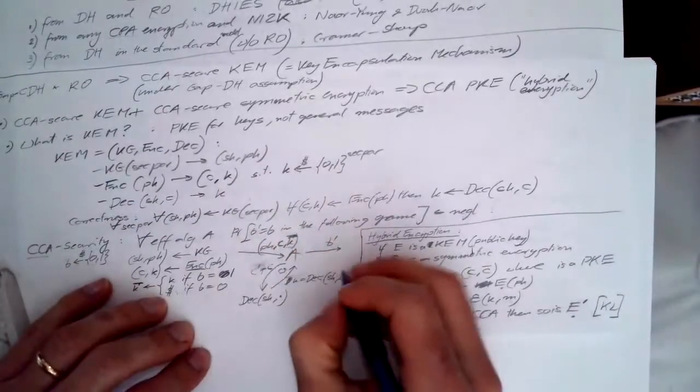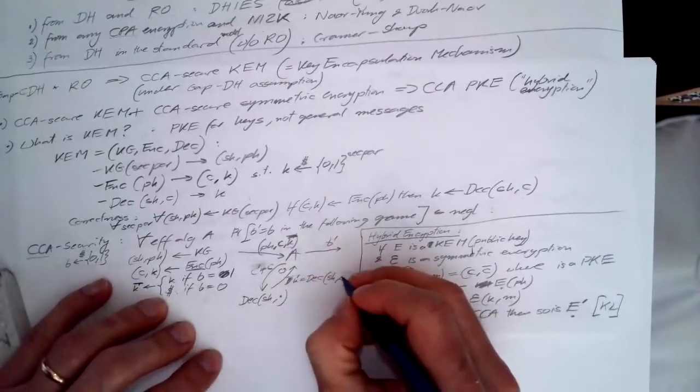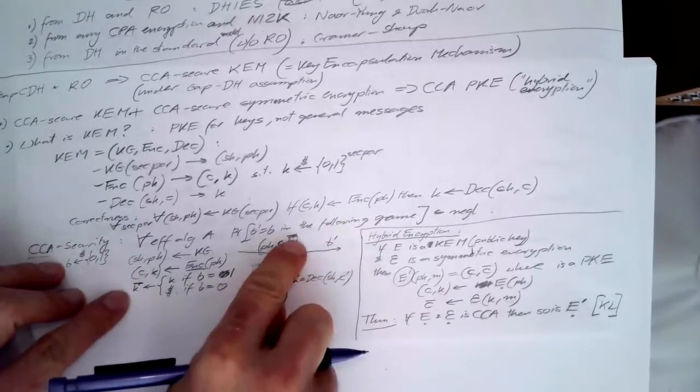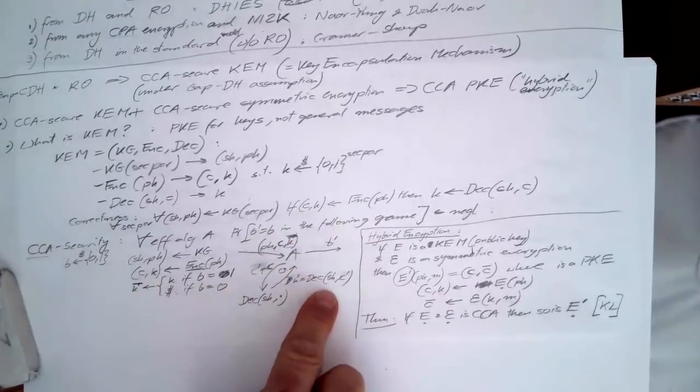This was in G prime, and this was K prime. That's precisely why I want to distinguish these top level parameters from these ones.